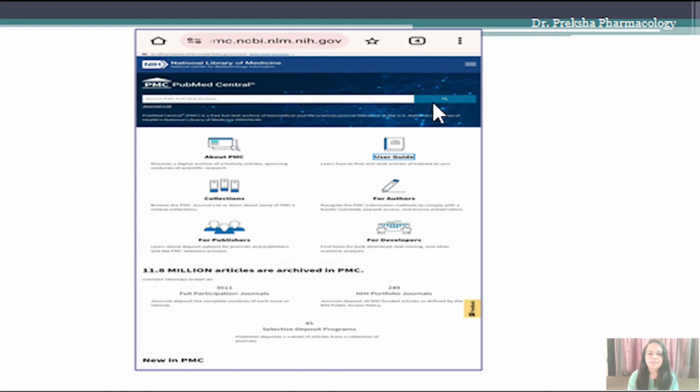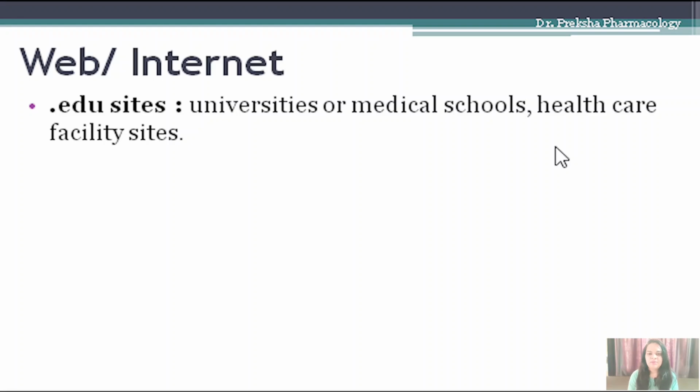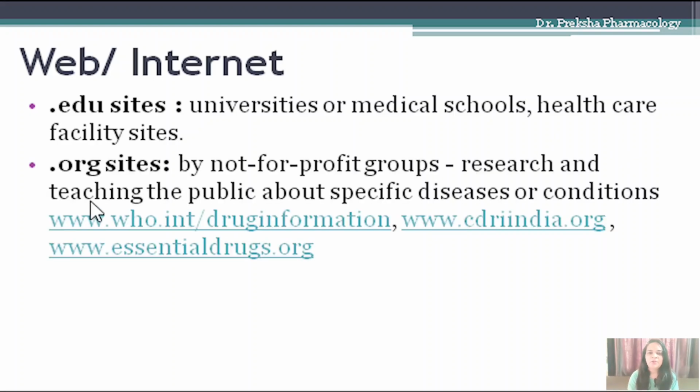Here you can see the PubMed Central, National Library of Medicine home page, which provides various information about drug uses. All those websites which have .edu are by universities, medical schools or healthcare facilities. Now coming to the .org sites, these are by non-profit groups, and this is about research and teaching the public about specific diseases or conditions.